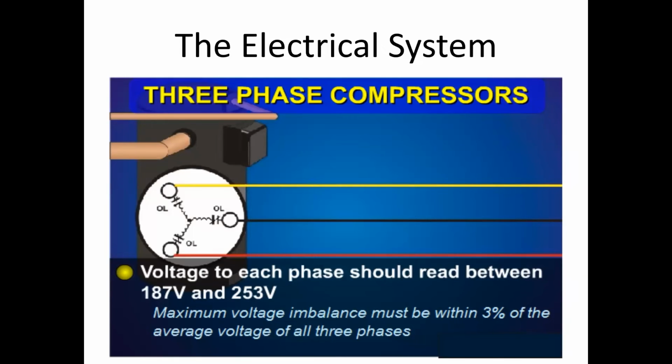On a three-phase compressor, right? So that was single-phase residential that I was talking about, or typically single-phase. On a three-phase compressor, your voltage to each phase, or each leg, should be somewhere between 187 and 253 volts. And the imbalance, or the difference between all of those three, should be within 3% of the average.